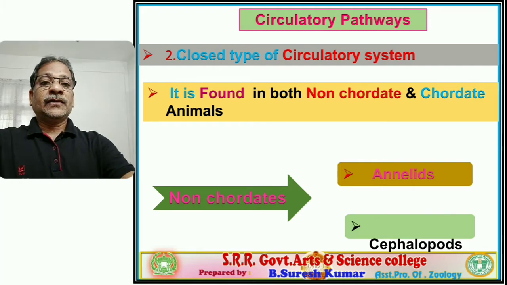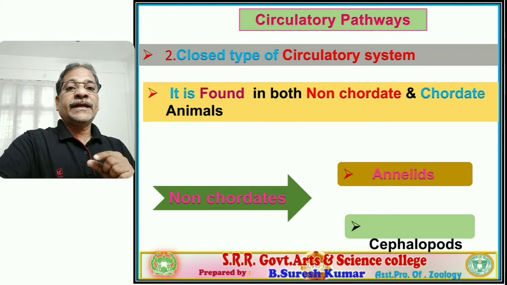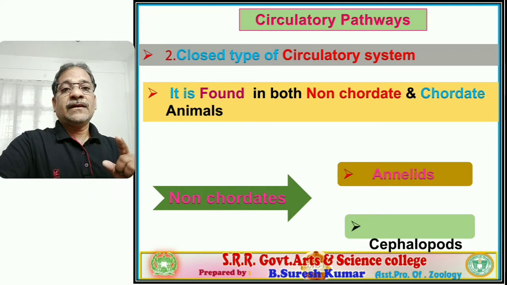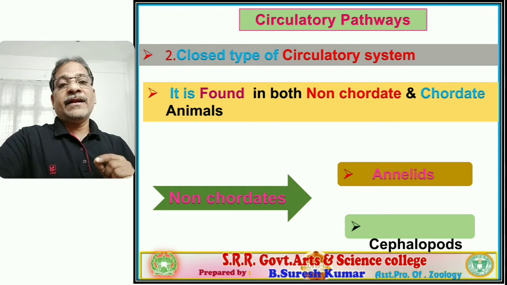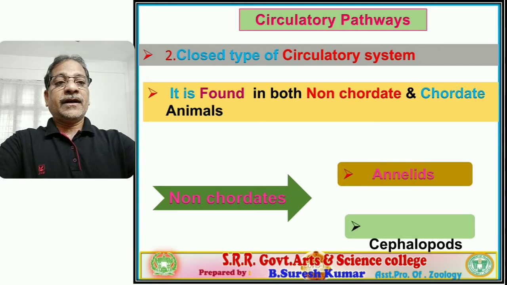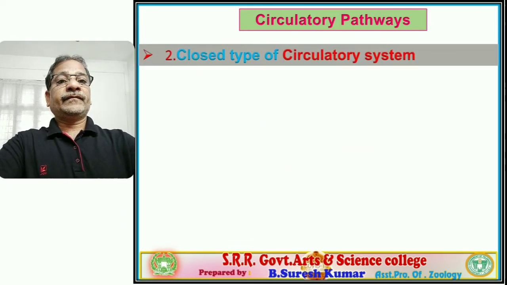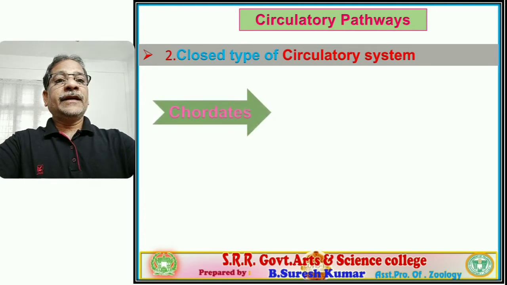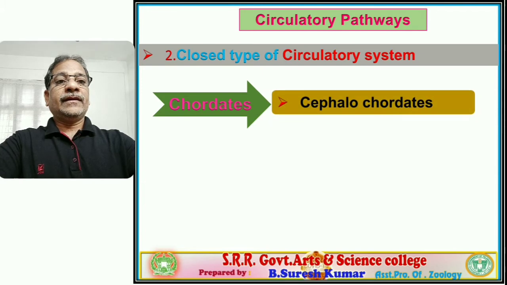Remember, these two groups of non-chordates exhibit closed type circulating pathways: Annelida animals as well as the cephalopoda molluscans. Followed? Right.